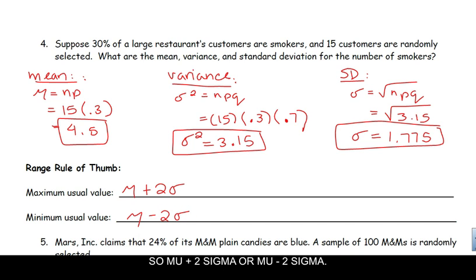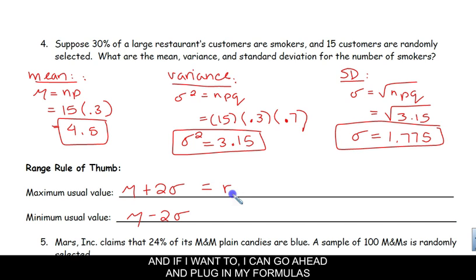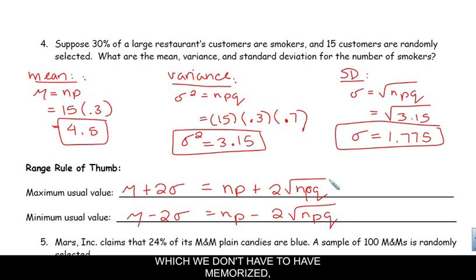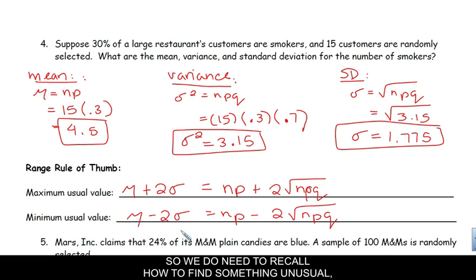So mu plus 2 sigma or mu minus 2 sigma. And if I want to, I can go ahead and plug in my formulas, which we don't have to have memorized, but I do need to remember this. So we do need to recall how to find something unusual, but that's something we've seen before, but we want to keep that in the back of our mind.